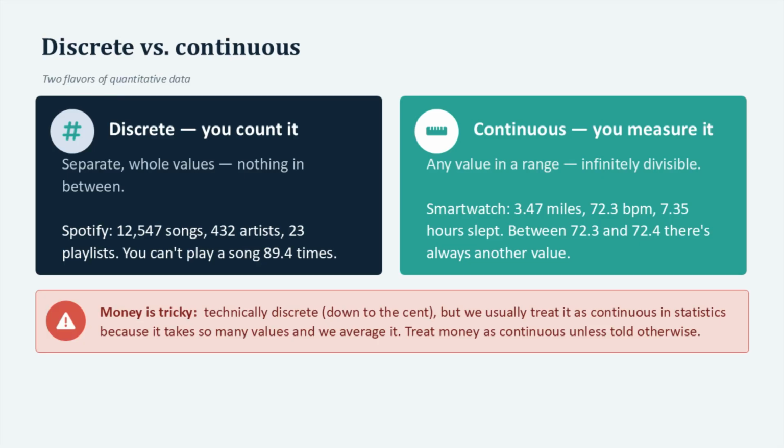Why? Because money can take on so many different values, and we often do calculations with it, like finding averages. So here's the practical rule. Unless a problem specifically tells you otherwise, treat money as continuous. Don't overthink it. So really, the heart of this distinction is simple. Discrete means counting. Continuous means measuring.